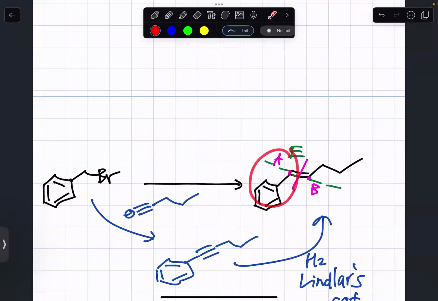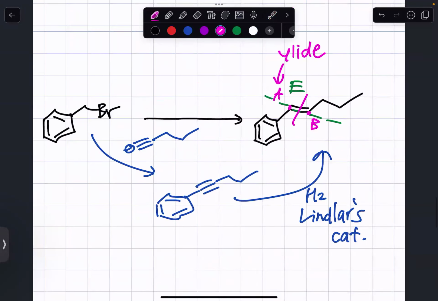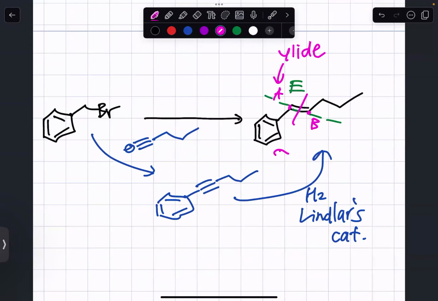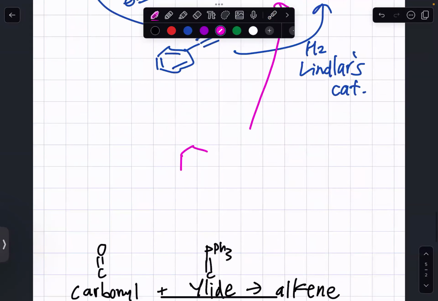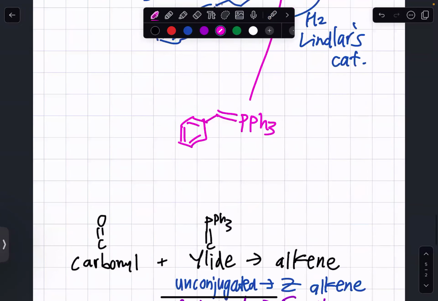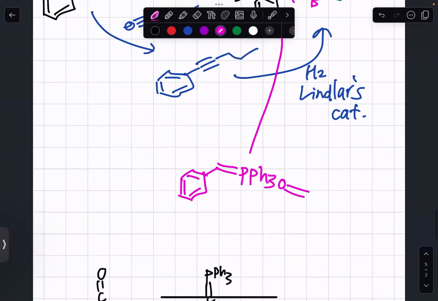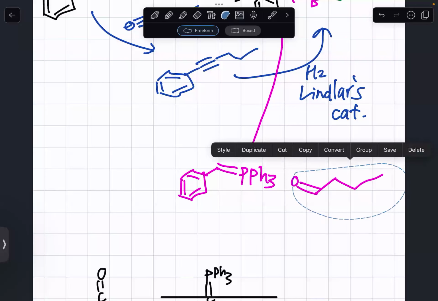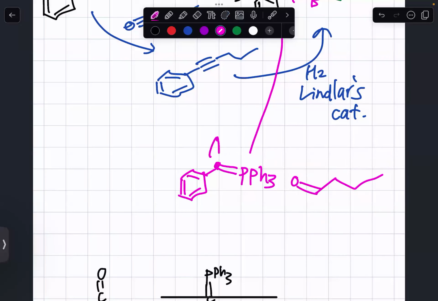So we want A to be the ylide, where this would come from this reaction here, where the carbon A has to be this ylide, reacting with this carbonyl right here. This was the A carbon and this is the B carbon right here.